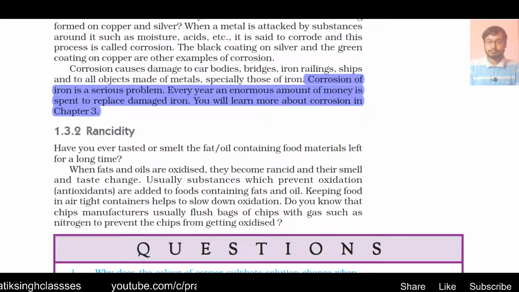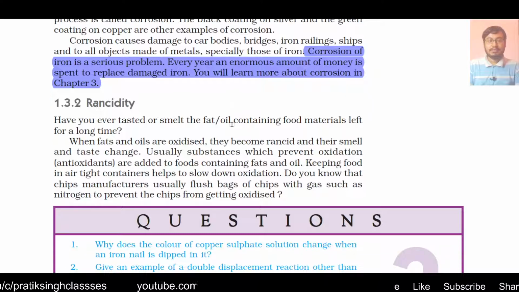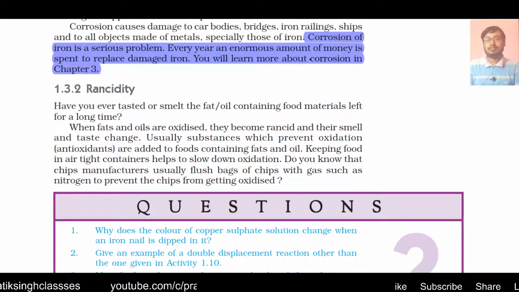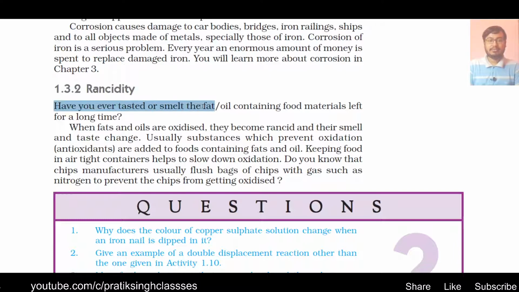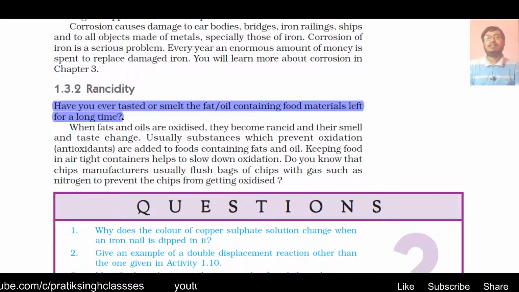Rancidity means something which gets a pungent color, pungent smell and taste. Have you ever tasted or smelled fat or oil containing food materials left for a long time? Just do an experiment at home.